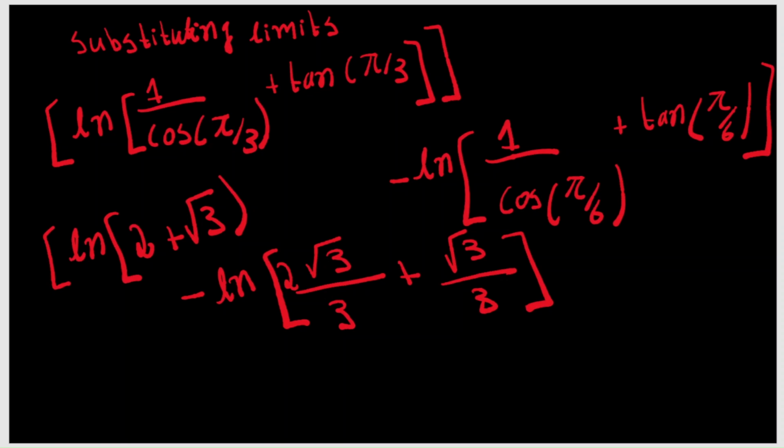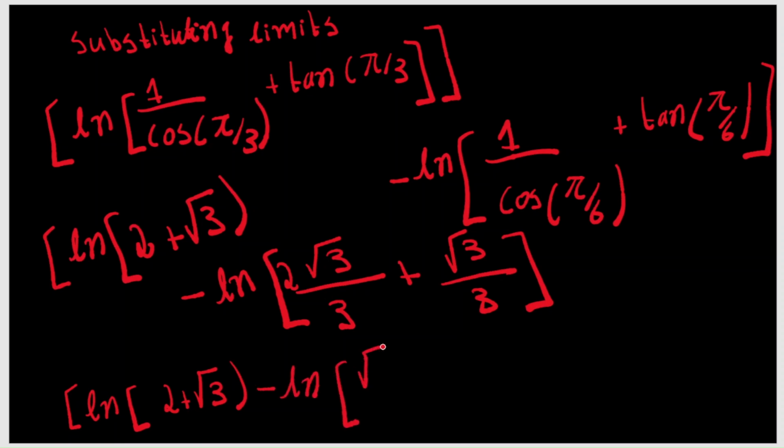So if you see one thing over here, ln of 2 plus root 3 minus root 3 over 3. Root 3 over 3 is common, so I'm going to take that common, and what is remaining inside is 2 plus 1. And 2 plus 1 is 3.